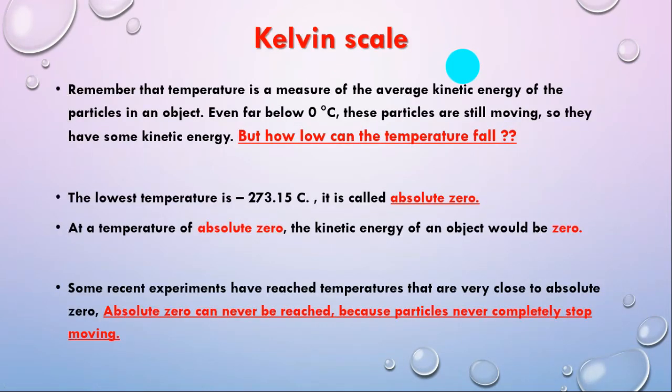The third scale is the Kelvin scale. Girls, remember that temperature is a measure of the average kinetic energy of particles in an object. Even far below 0 degrees Celsius, these particles are still moving, so they have some kinetic energy.